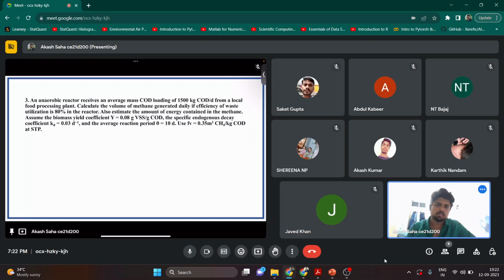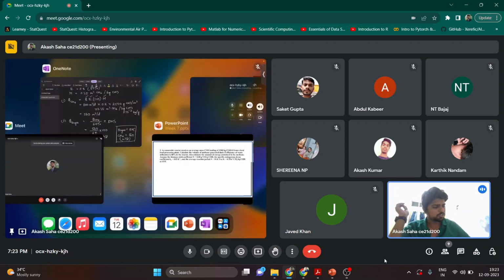Okay, so here we have to find how much biomass is being produced in the reactor. With the help of this biomass value only, we can find out the quantities. So we will solve the question.